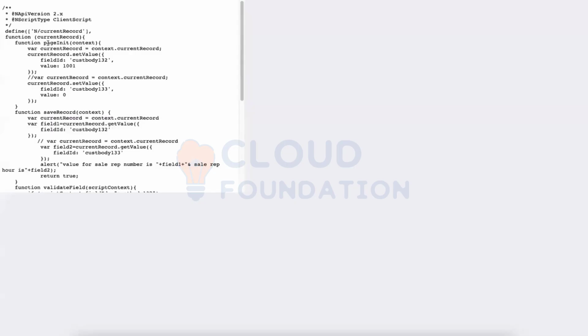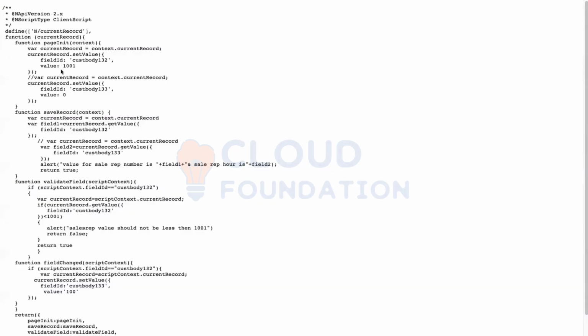We are on a page. In it we are setting default values for 2 fields, which are named sales rep hour and sales rep number, so we are setting default values for these 2 fields.